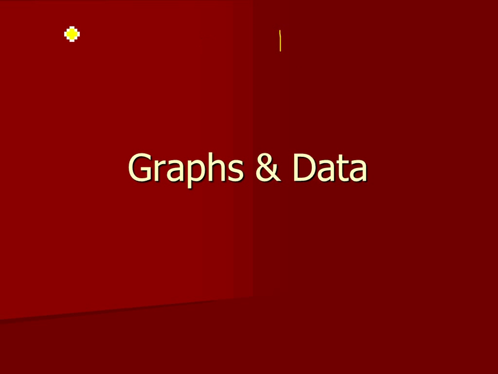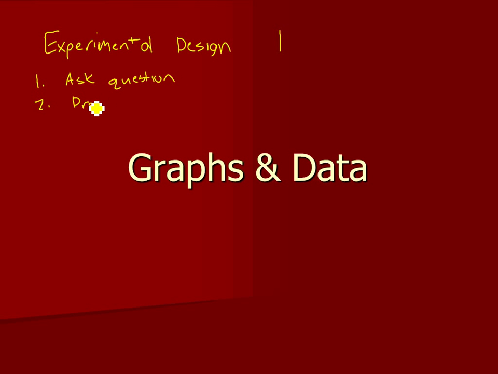So, the experimental design process. Step 1 was ask a question. Step 2, produce the data.